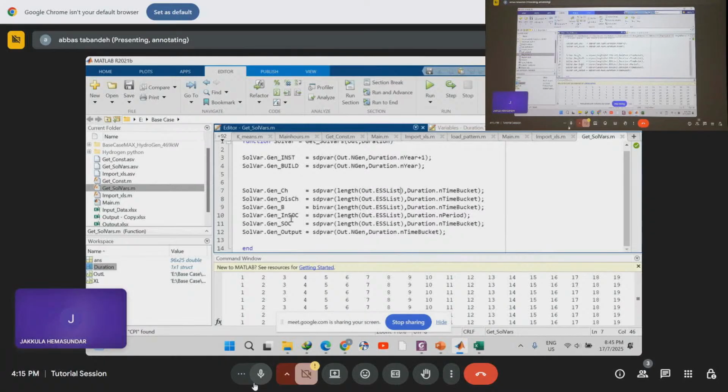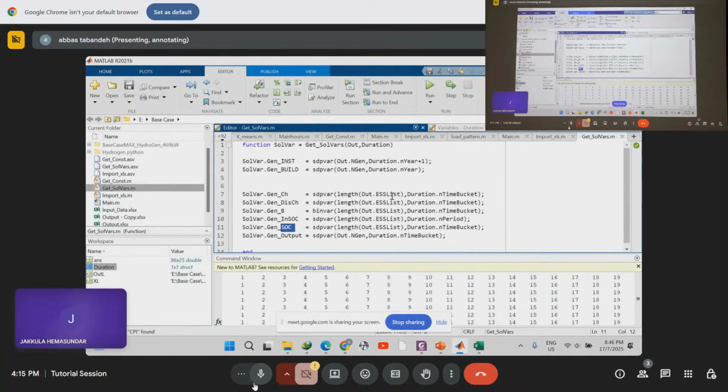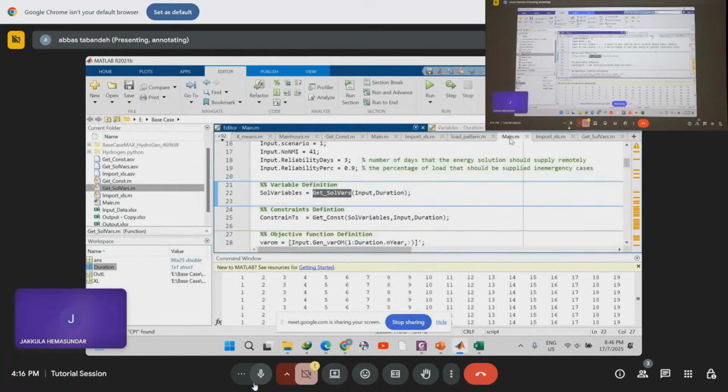However, in this problem, we have supposed that it is a variable, and this one shows the total SOC, state of charge, for each technology, and this one shows the output of each generator in the problem. So we have defined all decision variables here. So we will get back to the main function.